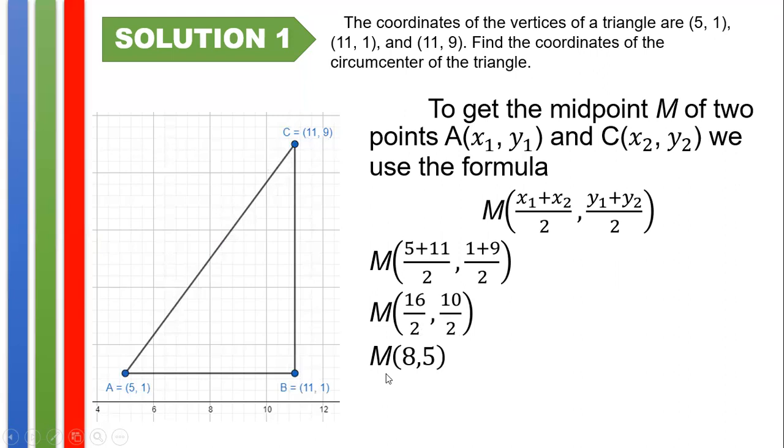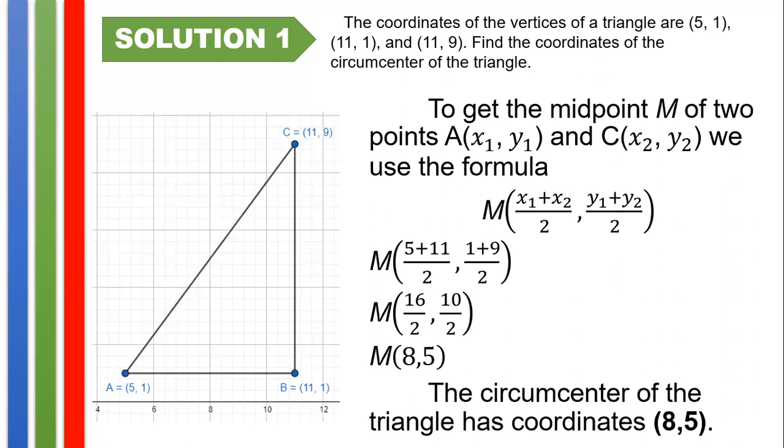Hence, the coordinates of the midpoint are (8, 5), and the circumcenter of the triangle has coordinates (8, 5), which is somewhere here.